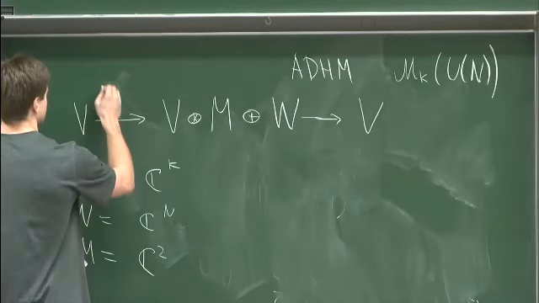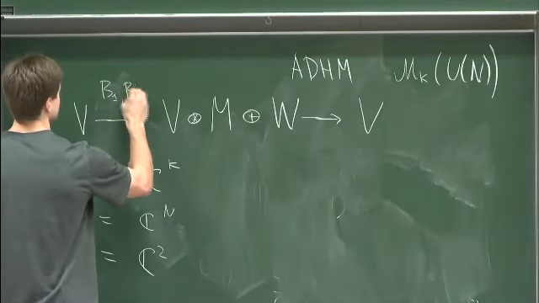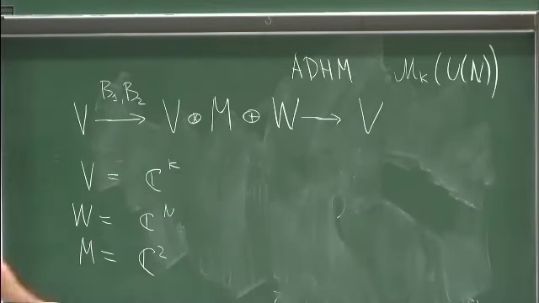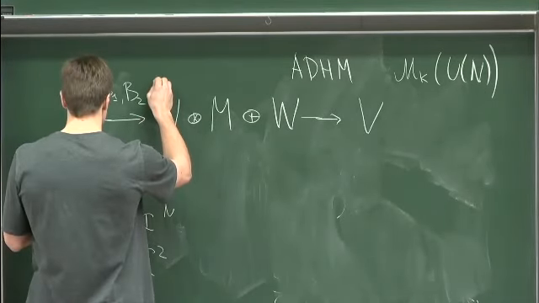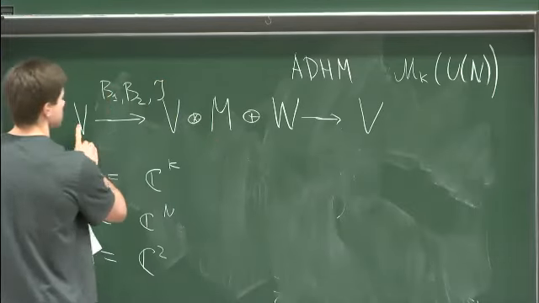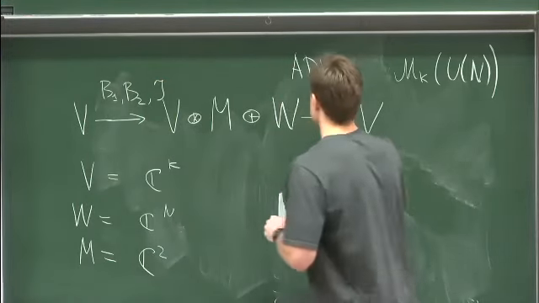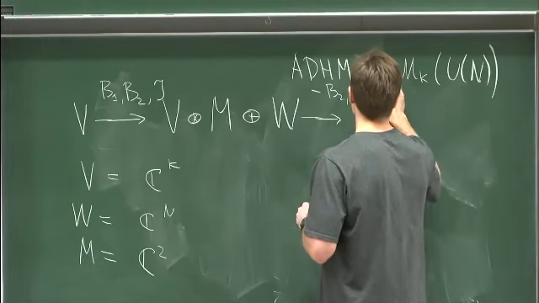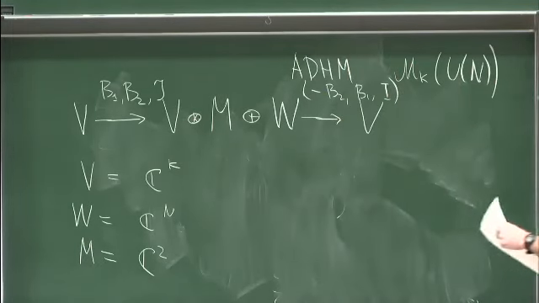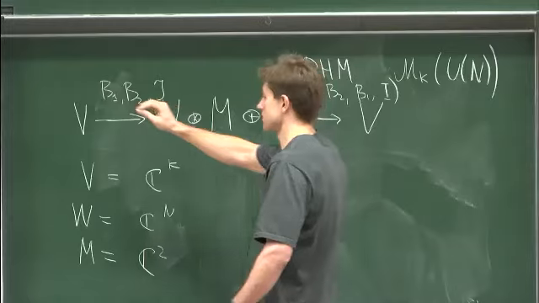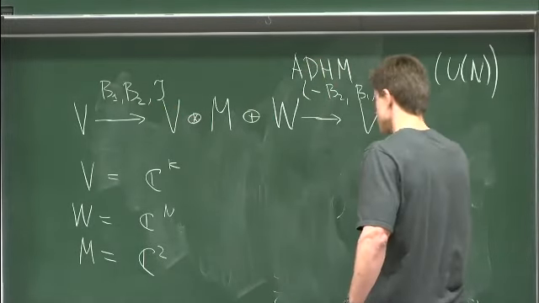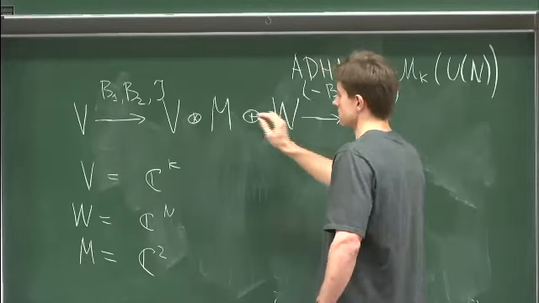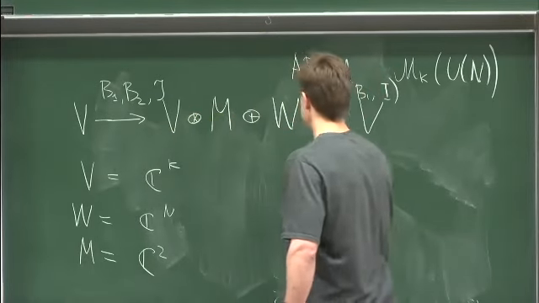So here we have the matrices B1, B2, which map V to V tensor M, and the matrix J, which maps V to W. And here we have the matrices minus B2, B1, I. The condition that this mapping is a differential means that the square is 0.